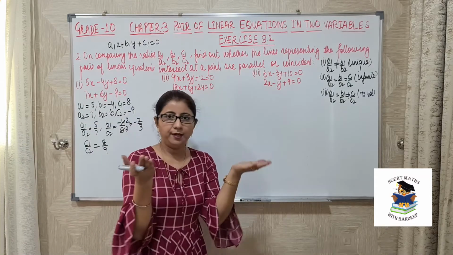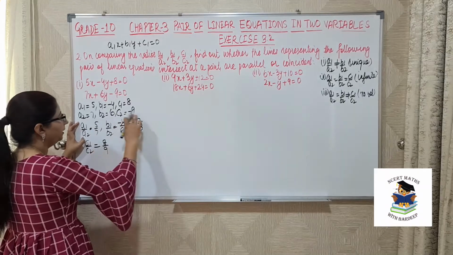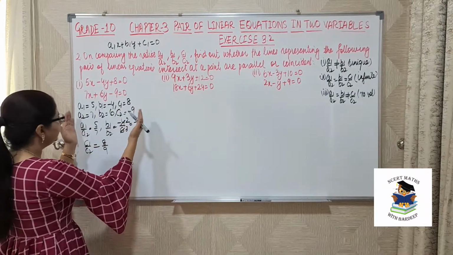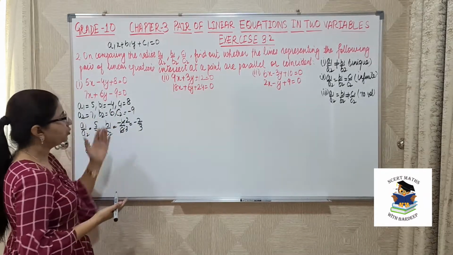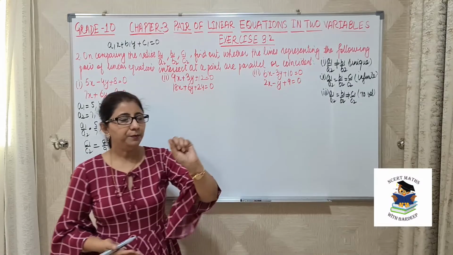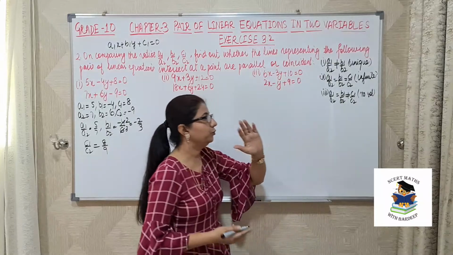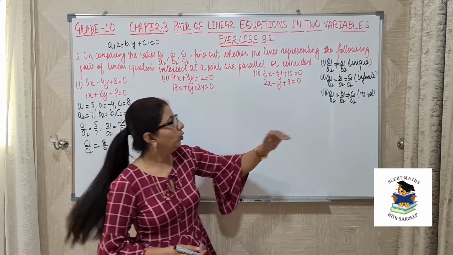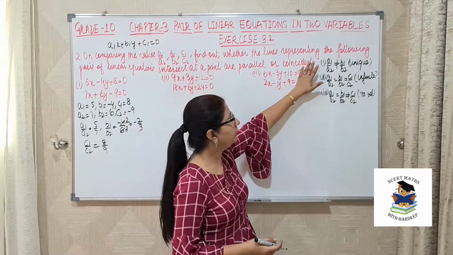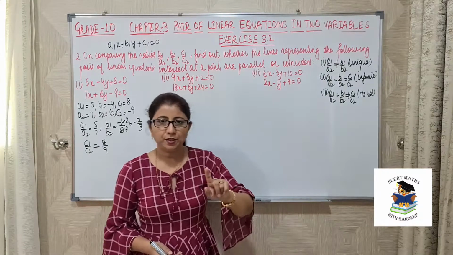That we should compare a1 by a2 and b1 by b2. a1 by a2 is 5 by 7 and b1 by b2 is minus 2 by 3. So we can see that a1 by a2 is not equal to b1 by b2. So our first condition holds. Always compare a1 by a2 and b1 by b2 first. If they are equal, only then you can proceed to the second and third case. If it is not equal, your question is finished there, that is it will have a unique solution.